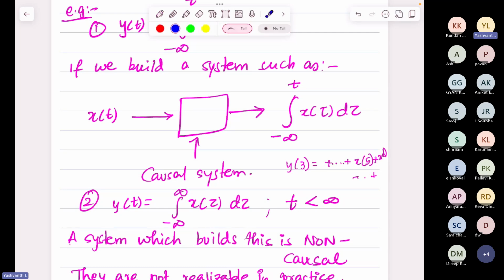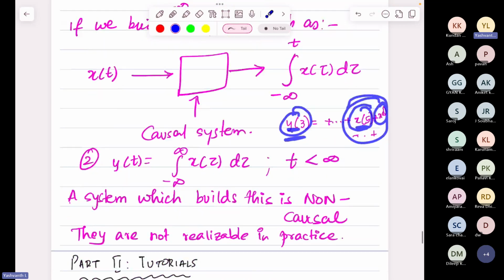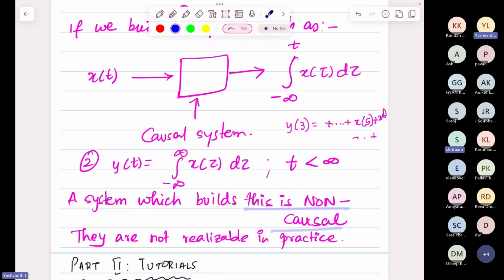That means your y of 3 is computed based on x of 5. x of 5 is the future input, but y of 3 is the present output, which means present output is depending on future inputs also. So this type of system is called a non-causal system, and in general they are not realizable. That is because you cannot predict what is going to be the future. So in general, non-causal systems are not realizable in practice. However, for theoretical purposes, people do study them, but mostly in this course, we will only stick to and understand the properties of causal systems.